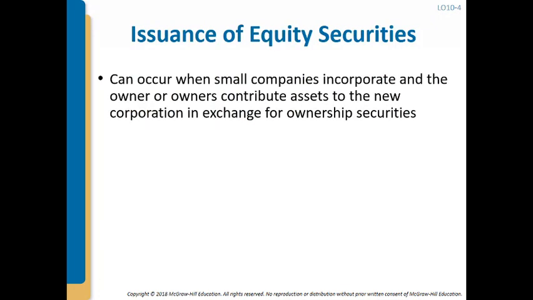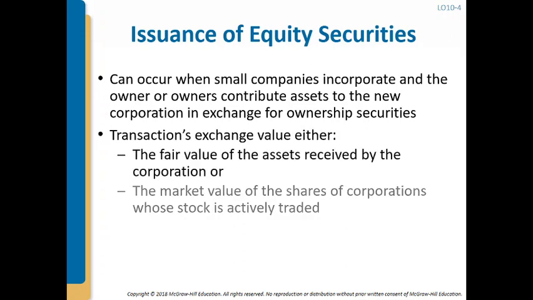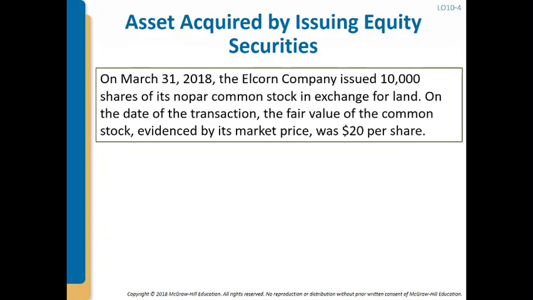Issuance of equity securities, pretty easy. This occurs when small companies incorporate and the owner or owners contribute assets to the new corporation in exchange for ownership securities, stock. Transaction's exchange value is either the fair value of the assets received by the corporation or the fair value of the shares of the corporation's stock if it is actively traded.